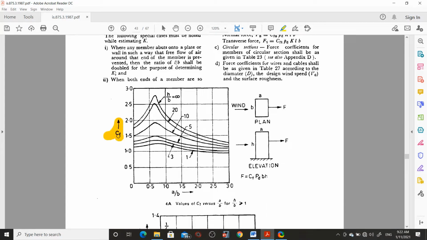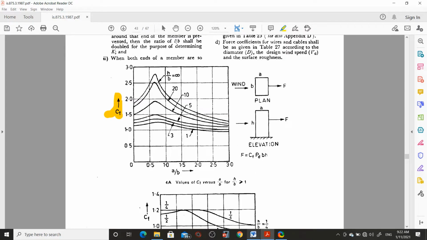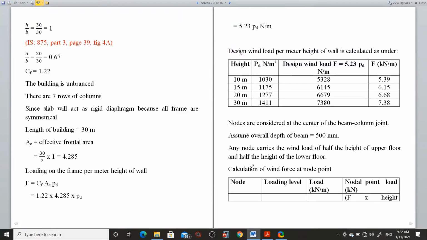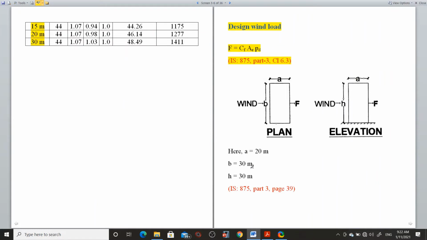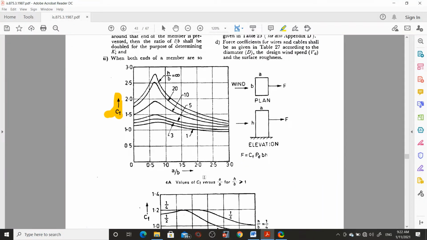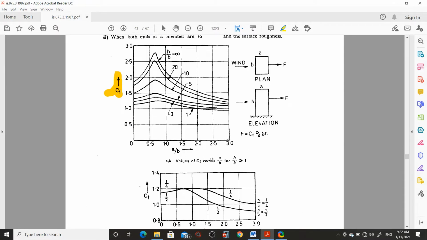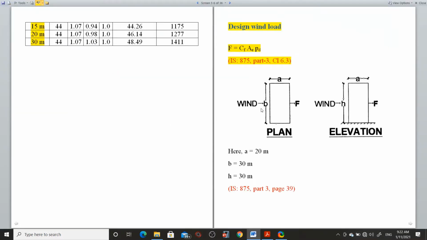You can see there is a graph; I just put it in the table. Here is the first value, Cf versus a/b. What is a/b and what is h/b? A/b means the plan area: shorter span divided by longer span; and in elevation, height divided by width.